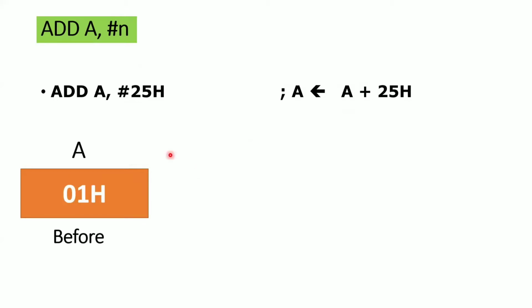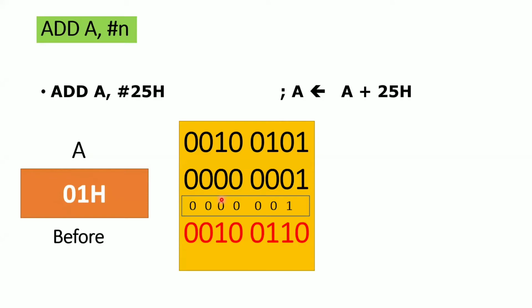Now coming to an example. Take the A register, which is an 8-bit register, and it consists of the value 01h, a hexadecimal number. After performing ADD A, #25h, what will be the value of your A register? 26h, obviously. You need to convert these into binary. 25 is converted into 0010 0101, and in A we have 01h, which is also converted into binary.